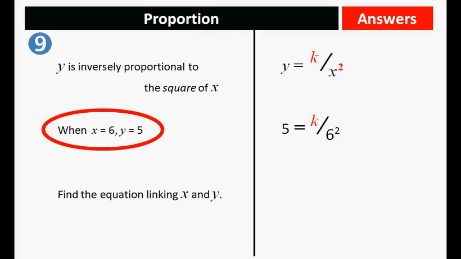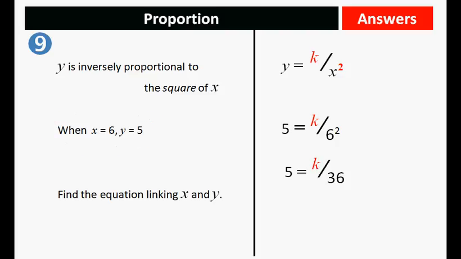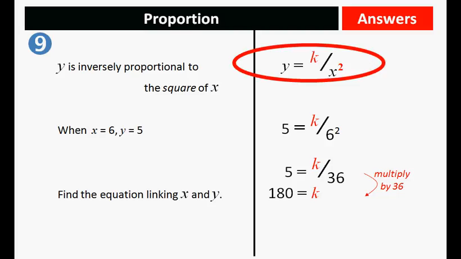And we can use everything we've got there to find out what that missing value k is. 6 squared is 36, so it's 5 equals something divided by 36. Multiply both sides by 36 and you get the missing value is 180. So the equation linking x and y is that y equals 180 divided by x squared.